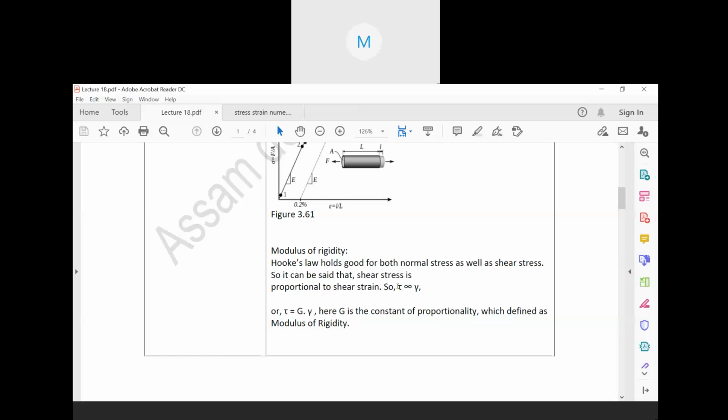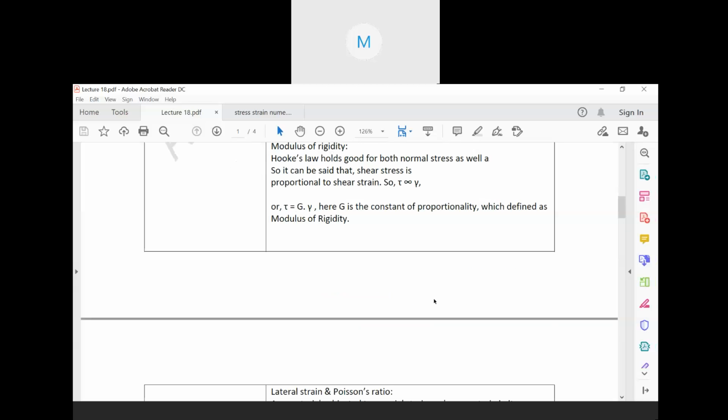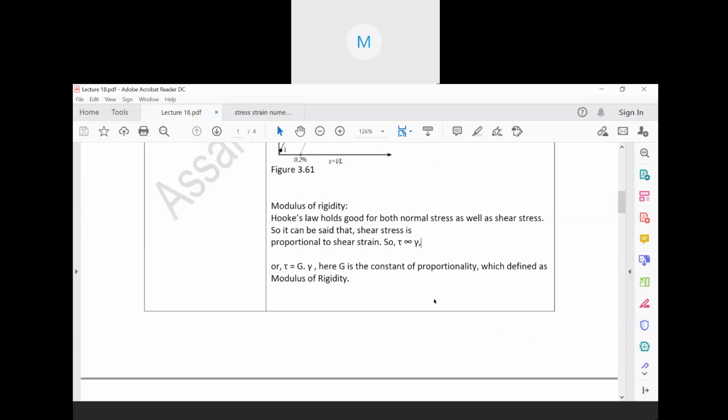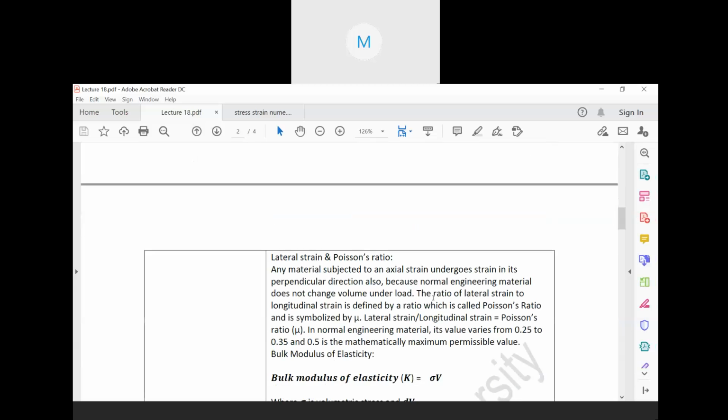The constant that arises when shear stress is directly proportional to shear strain is known as modulus of rigidity. Tau is shear stress and gamma is shear strain. These two are proportional to each other as per Hooke's law. Then it is defined as modulus of rigidity. We'll be revising these things in the next semester also. So you just understand the concepts right now. In detail, we'll go into it in the next semesters.